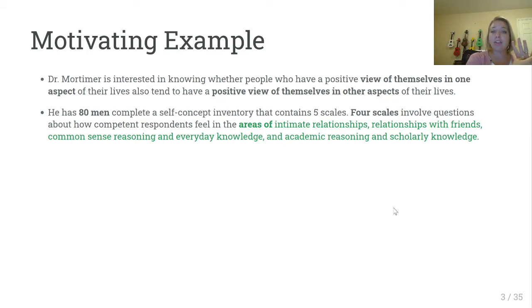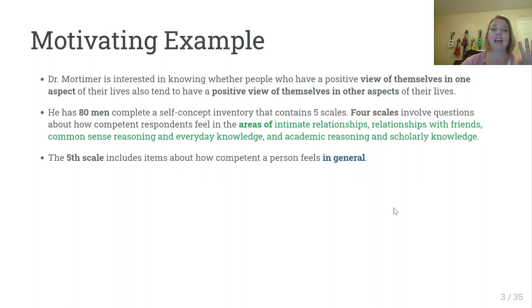So how they feel that they do, or how competent they are in each of these 4 different areas. And then there's a 5th scale that says how competent they feel, their self-concept of themselves overall.